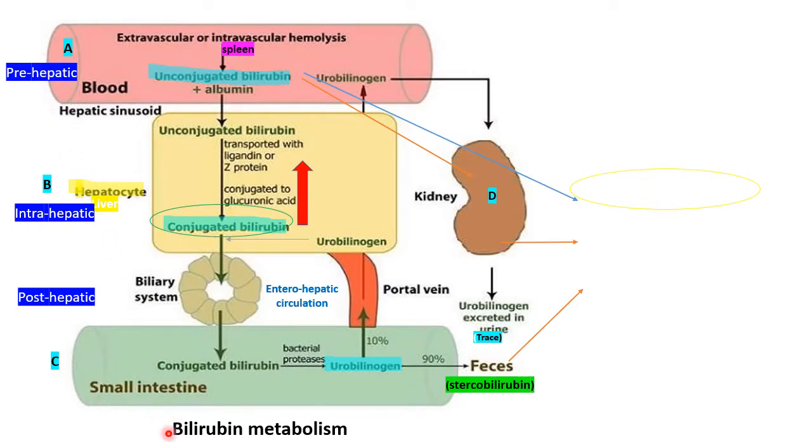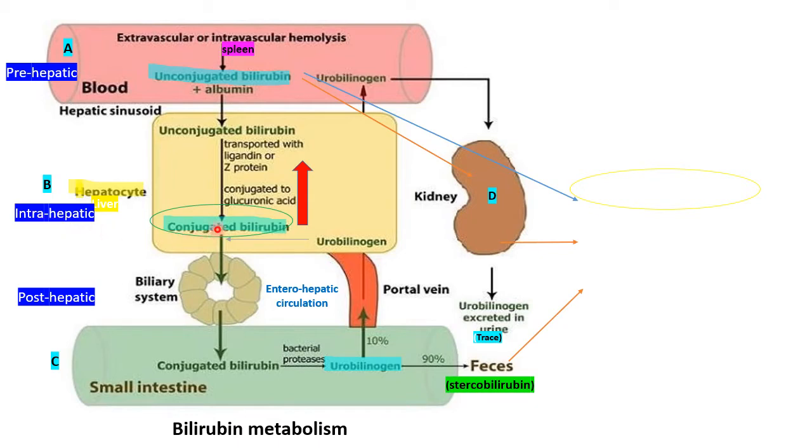Now let's go through bilirubin metabolism to understand what happens when the bile ducts are blocked. In the prehepatic phase, unconjugated bilirubin is formed from the hemolysis of RBCs, mainly in the spleen. This unconjugated bilirubin goes into the liver where it is conjugated, and this is the intrahepatic phase.